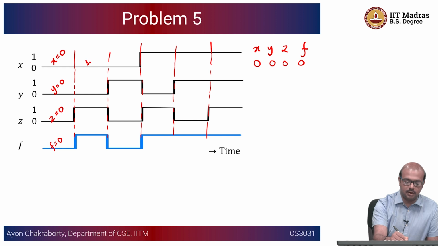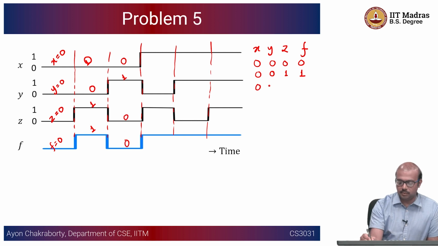Here I have x equal to 0, y equal to 0, z equal to 1, f is equal to 1. So 0, 0, 1 and 1. Next we have 0, we have 1, we have 0, we have 0. So 0, 1, 0, 0.